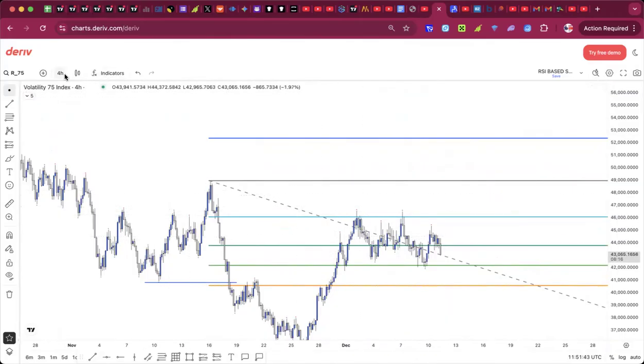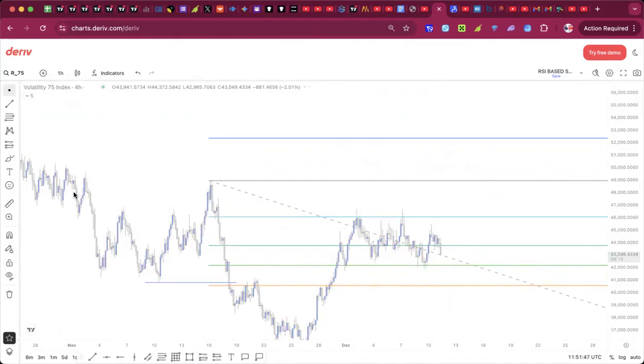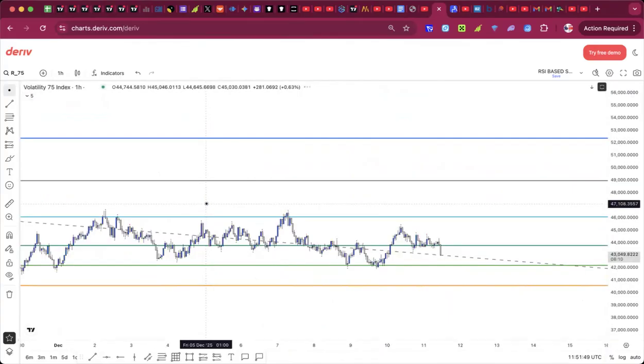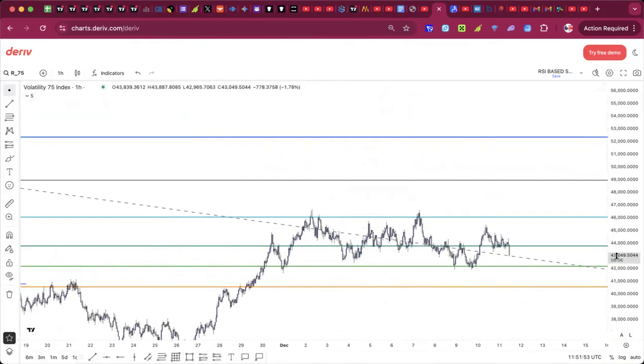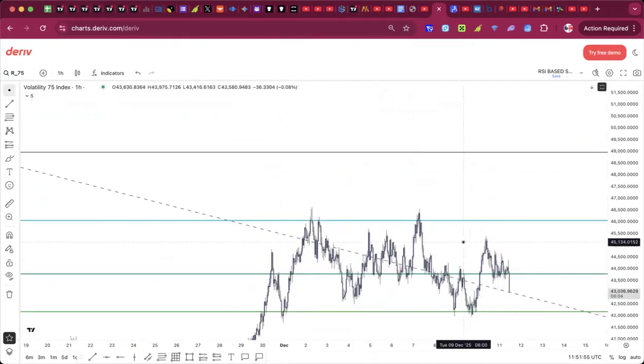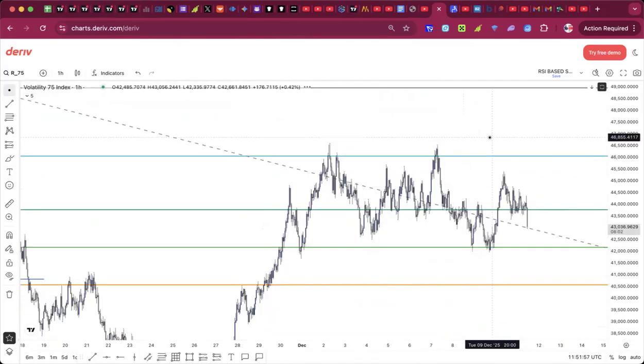Now if I'm going to go to 1 hour, which is like working with this current trend, 1 hour seems to be sideways, right? Look at it logically. You have a high here, you have a low here, you have a high here, and then this is lower. Make sense?